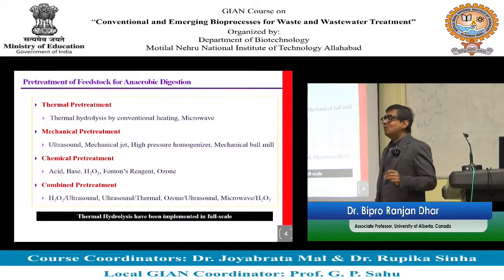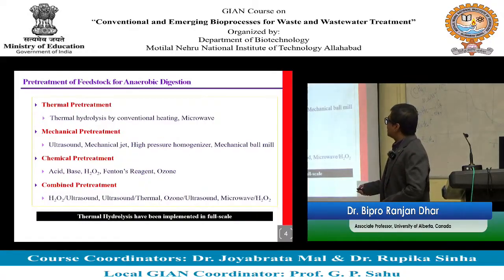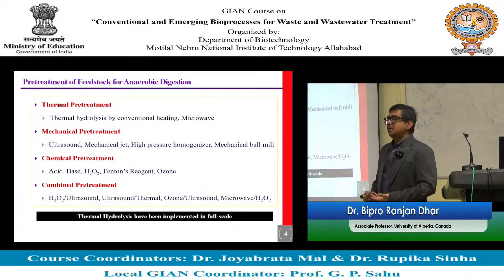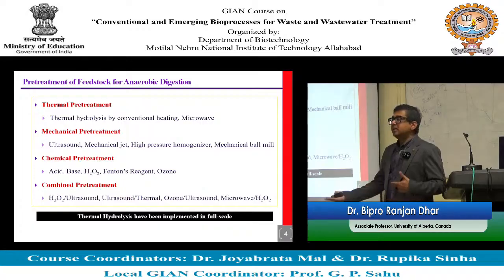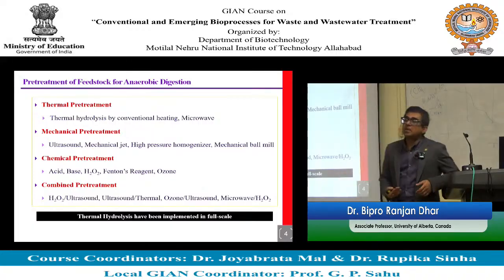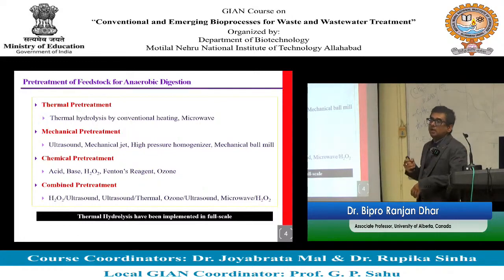So why has only thermal hydrolysis been implemented? If you think about chemical pretreatment, you always need to buy those chemicals, and there is no way after the pretreatment process you can recover them. And you know that especially after COVID, supply chain disruption is a big concern worldwide, right?